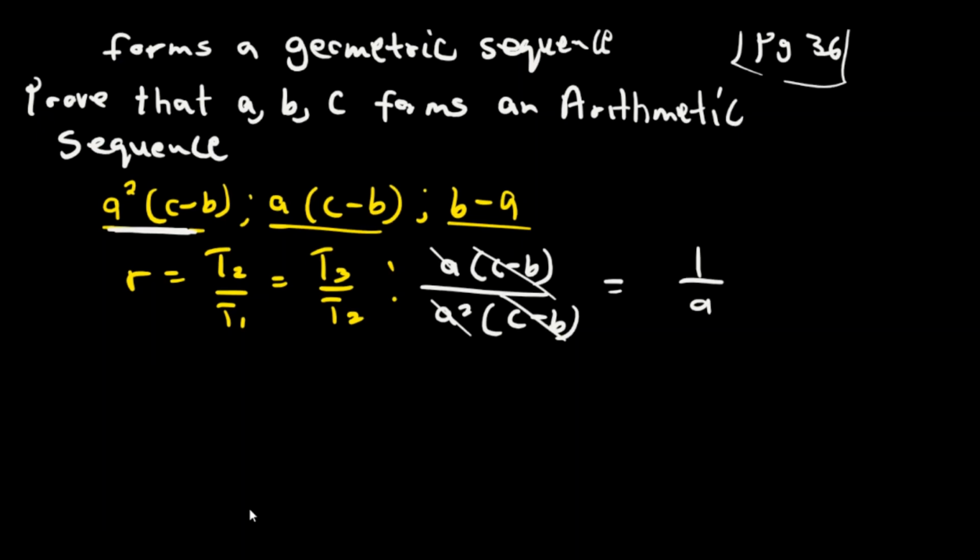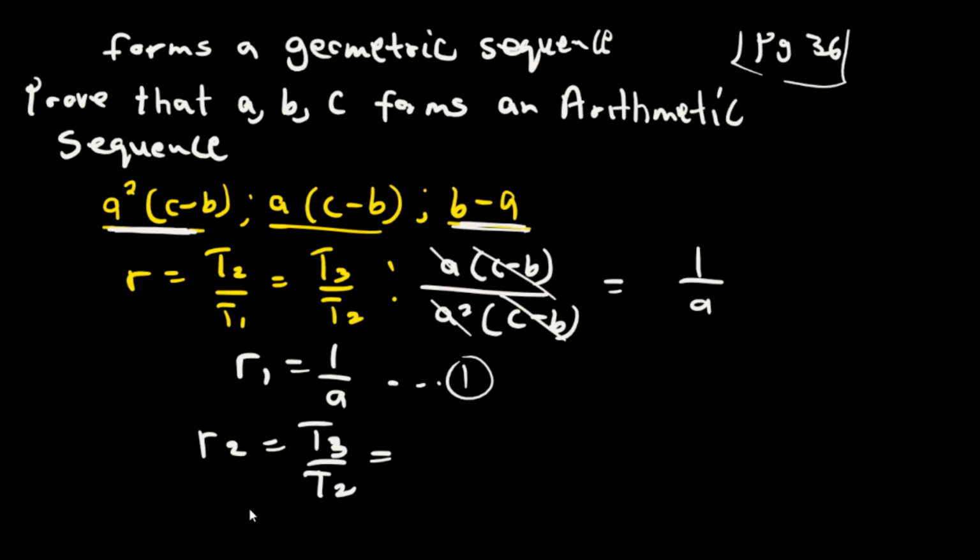So let's just say r1 is equal to 1 over a, right? And then r2 is equal to t3 over t2, which in this case, this is term number 3. So it's b minus a over a into c minus b, right?